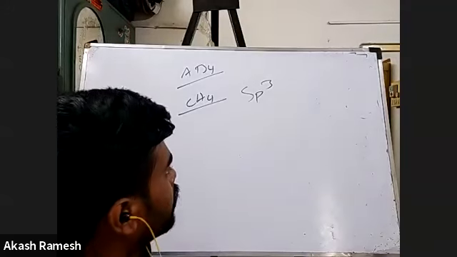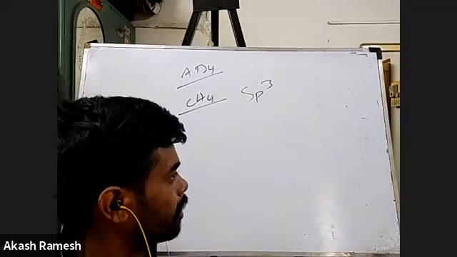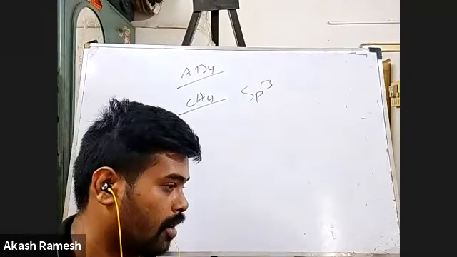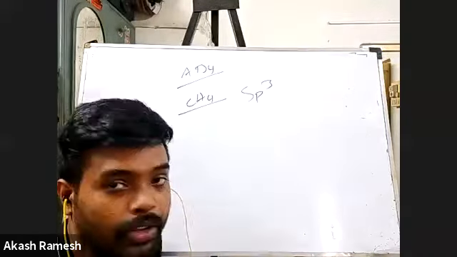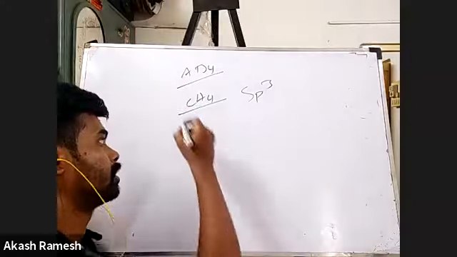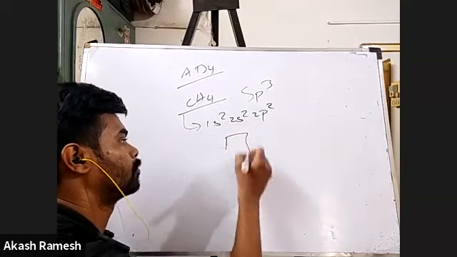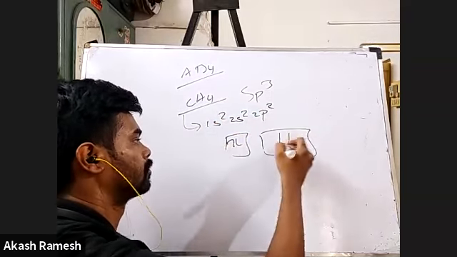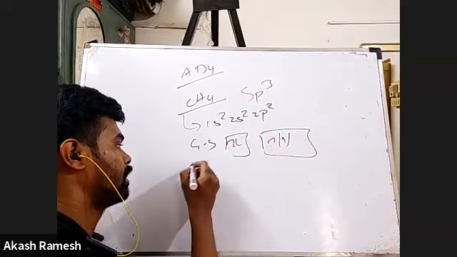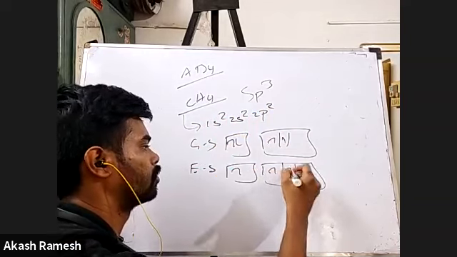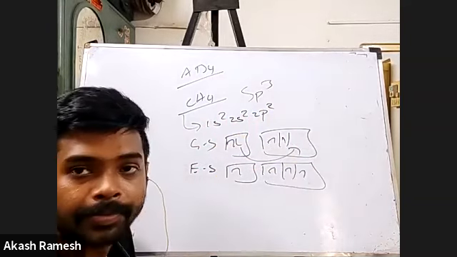Okay. I think this time would have been sufficient. You have to do it for carbon only. You know what is the electronic configuration of carbon. You have to go for the ground state, excited state, and then go for sp3. Okay, very simple. 1s2, 2s2, 2p2, ground state, excited state. Yes, this electron is shifted here.